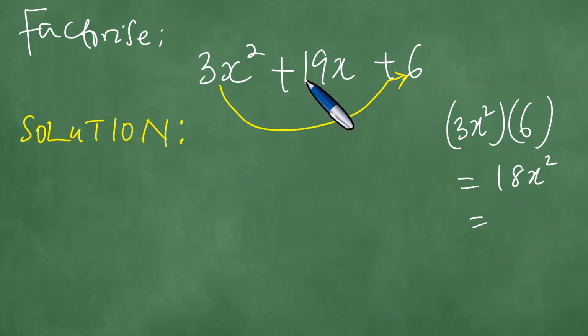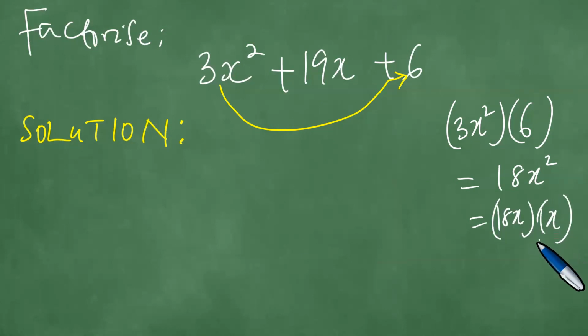What are the factors of 18 that will give 19? They're 18x and x. So right now you have 18x plus x. It gives you 19.